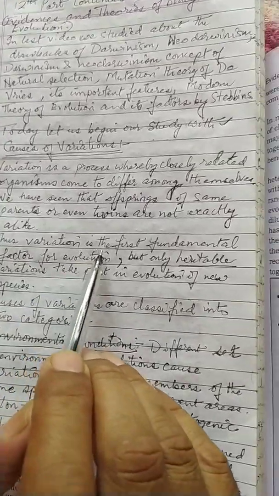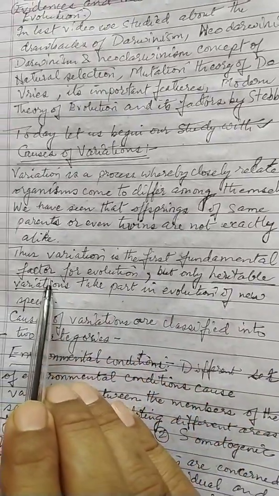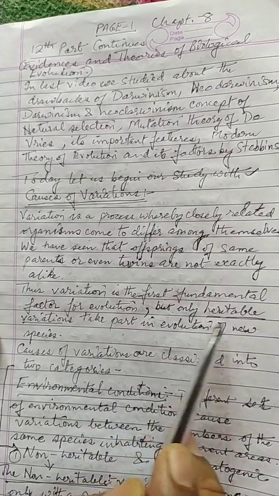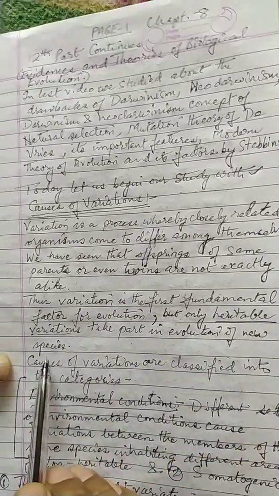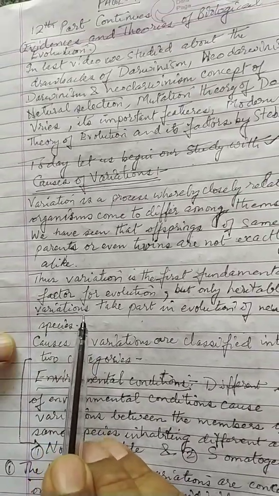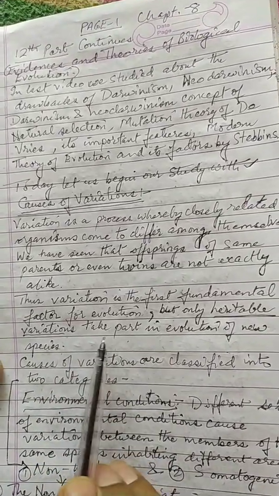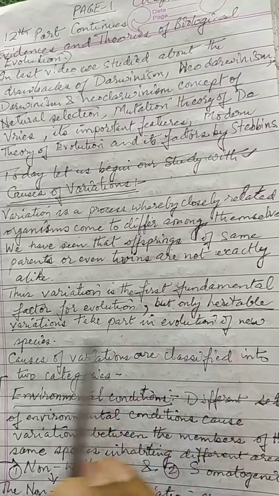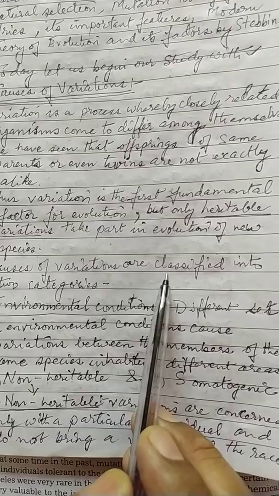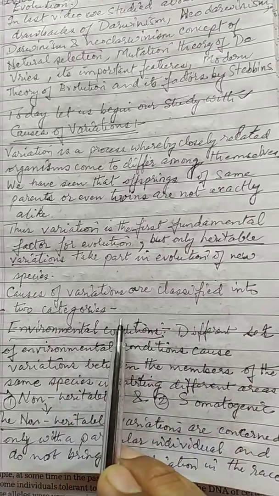Thus, variation is the first fundamental factor for evolution. But only heritable variations take part in the evolution of new species. Only those variations that are passed on from the parent to the offspring take part in evolution of new species. Causes of variations are classified into two categories.